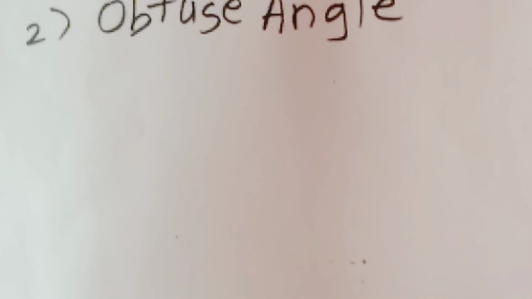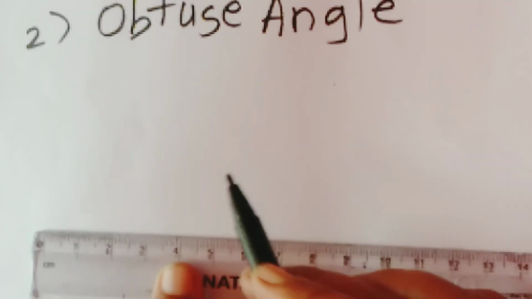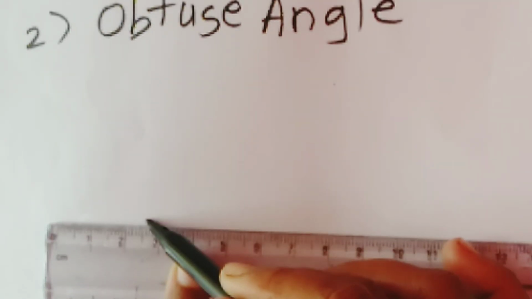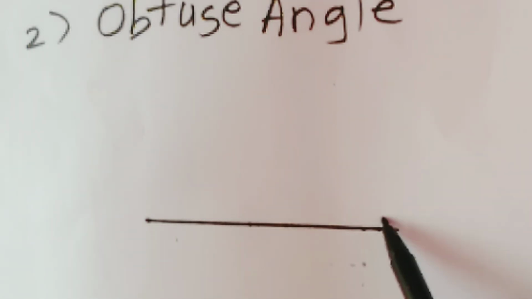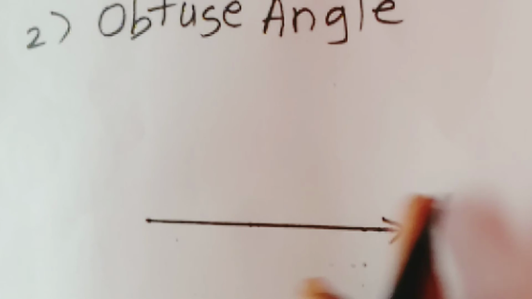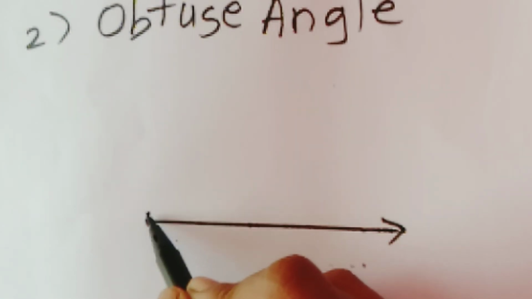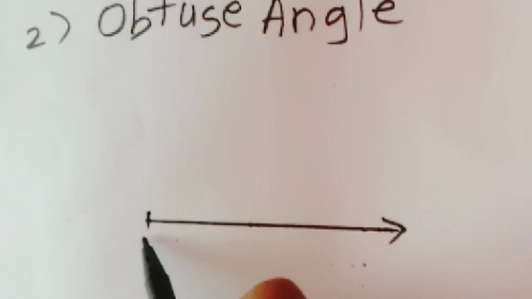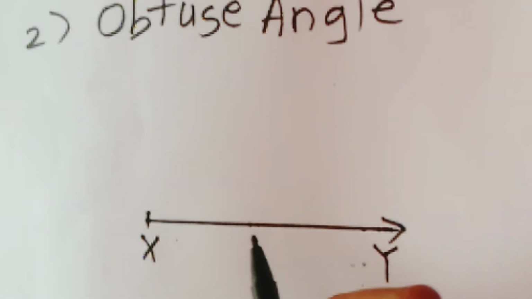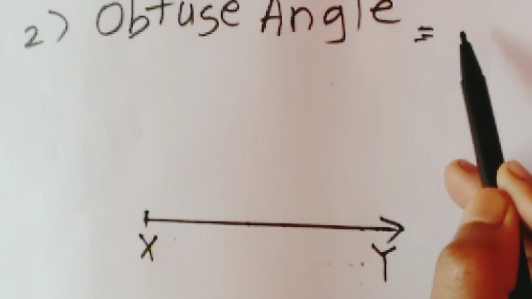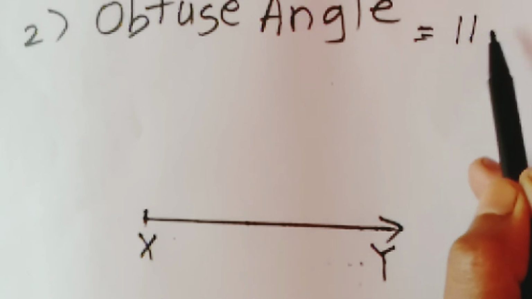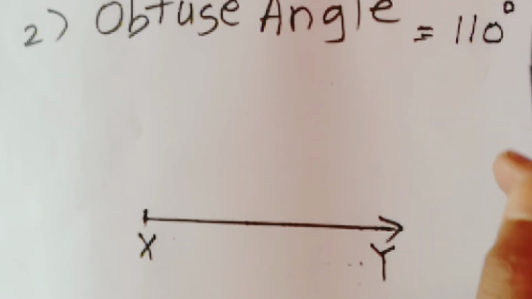Again you draw one line, or you may call it a ray. Give an arrowhead to any one side. Then give points X, Y. Suppose I have to draw an obtuse angle of measurement 110 degree.